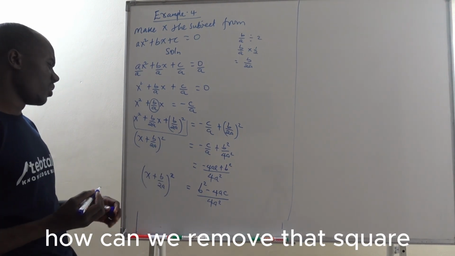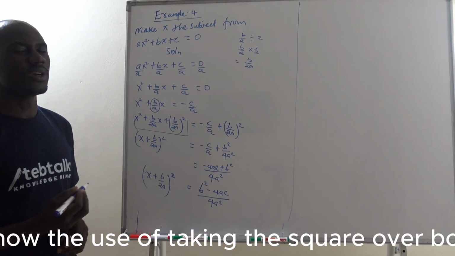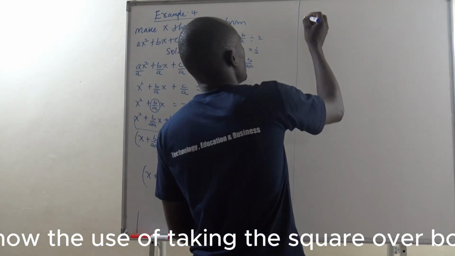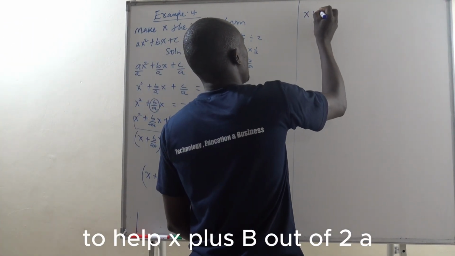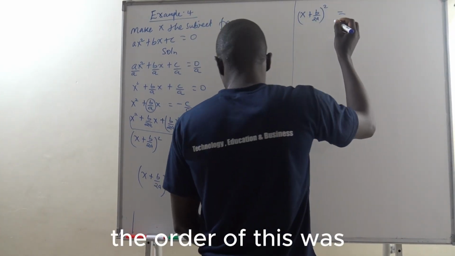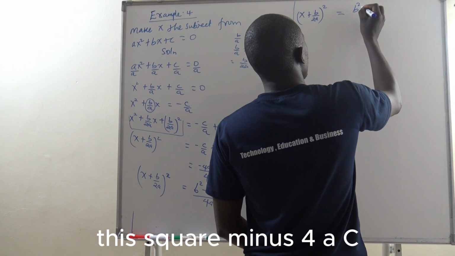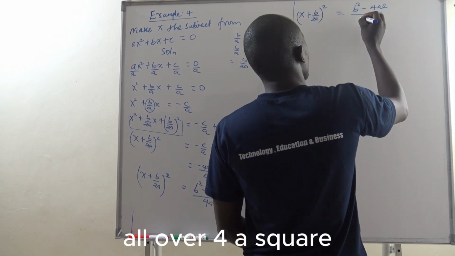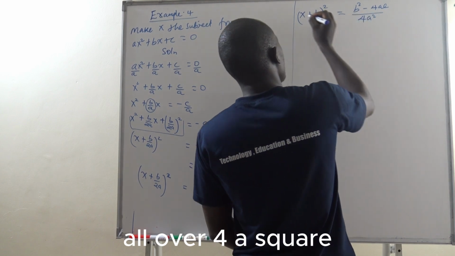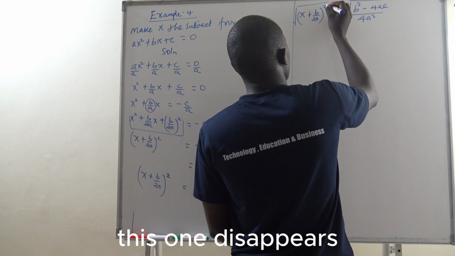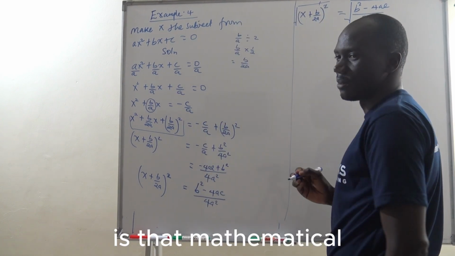Then how can we remove that square? We make use of taking the square root on both sides. So we have x plus b out of 2a, the whole of it squared, equals b squared minus 4ac all over 4a squared. We take the square root on both sides. The square disappears mathematically.